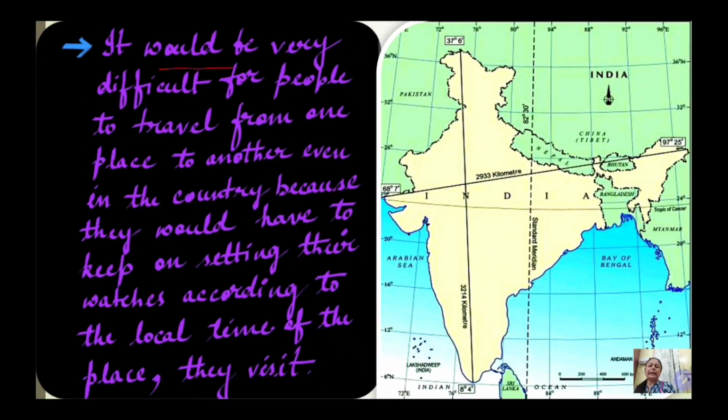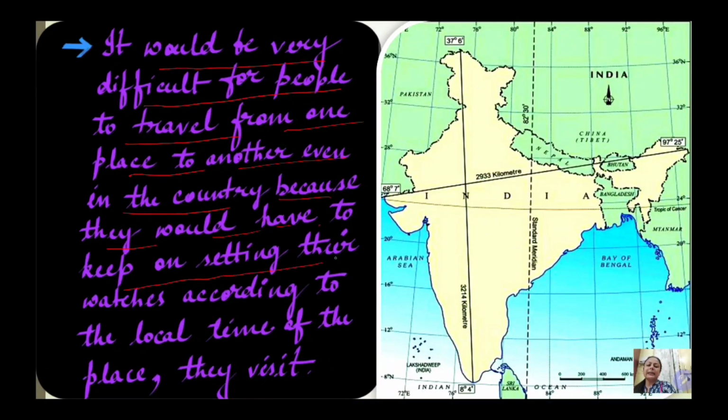Now it would be very difficult for the people to travel from one place to another even in the country, because they would have to keep on setting their watches according to the local time. So to prevent the confusion when one person travels from one place to another even in the country, we have adopted this local time as our standard time. It has been done by several other countries.